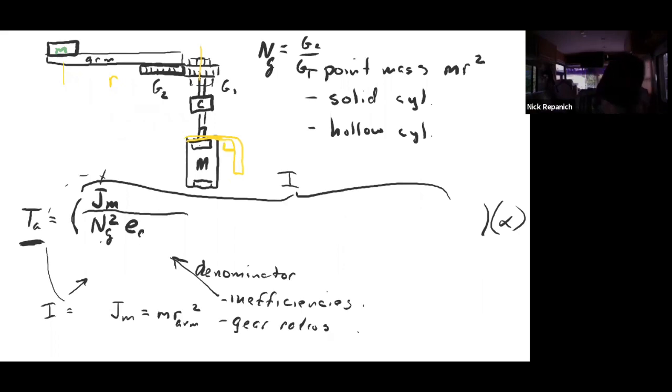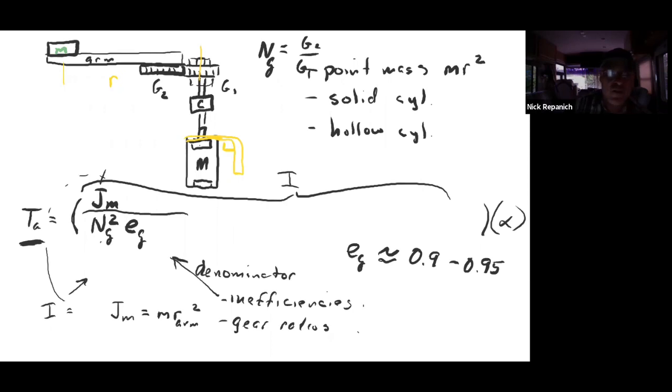Efficiency of the gearing. Efficiency of the gearing is probably, for these kinds of gears, about 0.9 to 0.95. A chain is 0.98, a belt is 0.9, ball screws are 0.8.